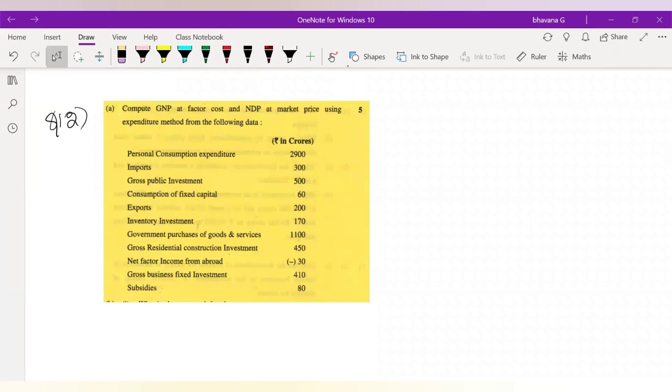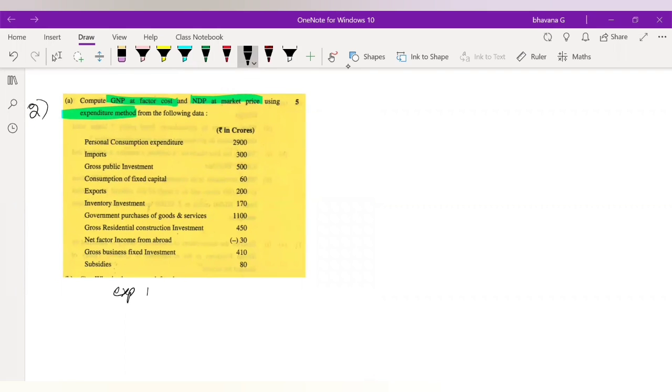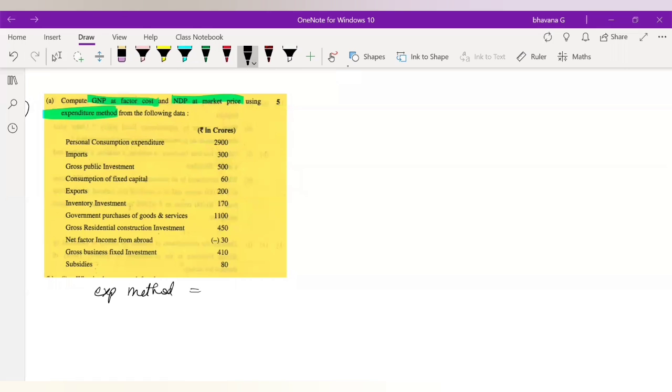Okay. Now we'll move on to question number 12. So question number 12, they have told you to find GNP at factor cost and NDP at market price using expenditure method. They have told you to find out using expenditure method, and they have given you a whole lot of details. Okay. So using expenditure method, what will you find out?